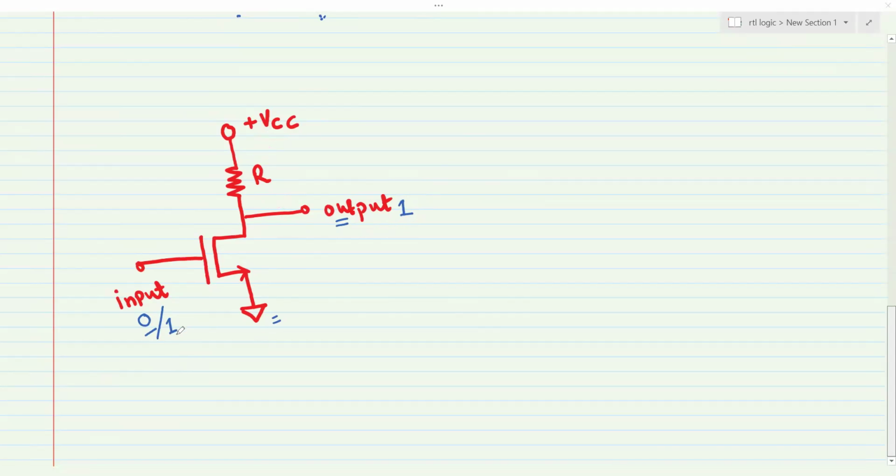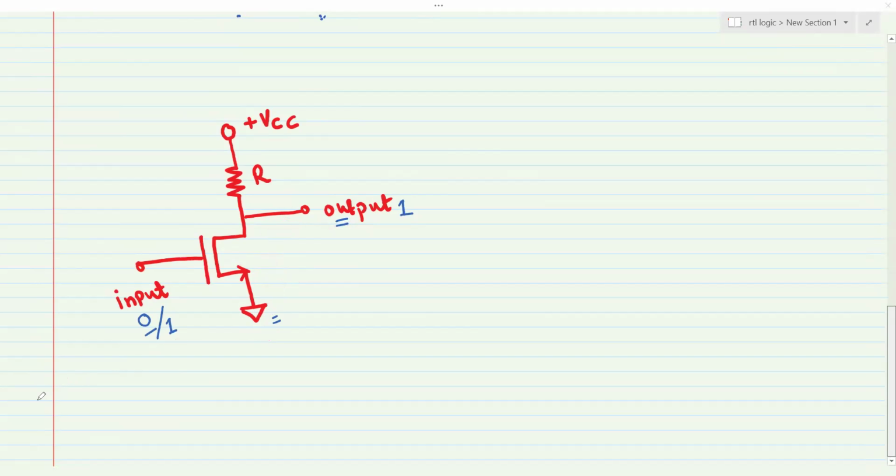Why? Because when your input is at logic 1, the transistor is switched on, acts as a closed switch, providing a least resistance path from the output to the ground. It acts as a short circuit. So output is pulled down to the lowest supply voltage, which is logic 0, logic low or the ground.